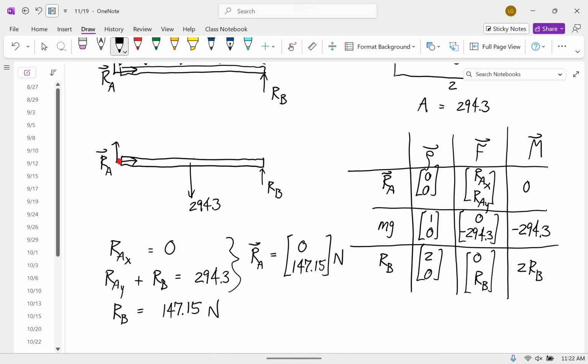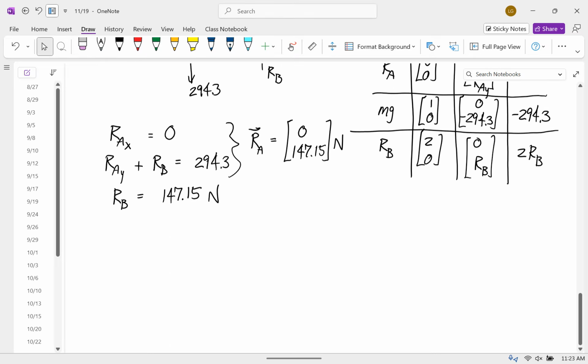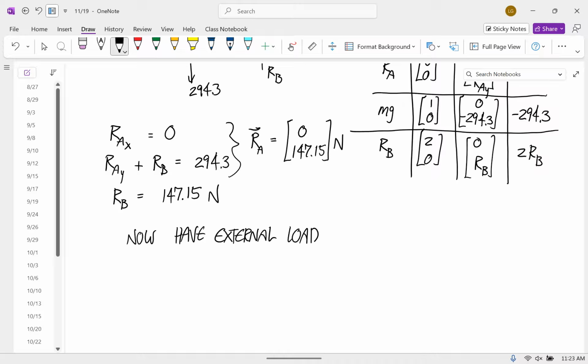So all we've done so far is figure out what those external loads are. This is all old stuff. We did this a long time ago. Now we're going to go to the cut, okay? So now we have the external loads. Go to the cuts.